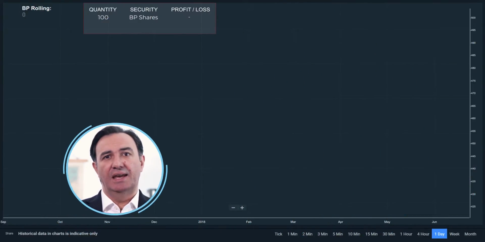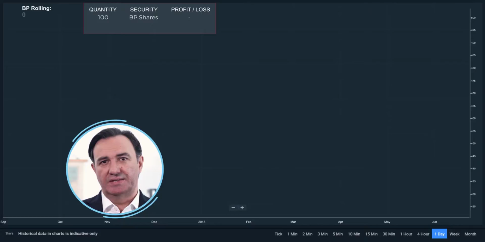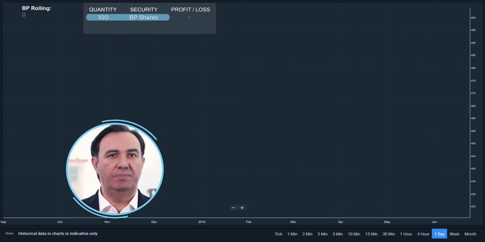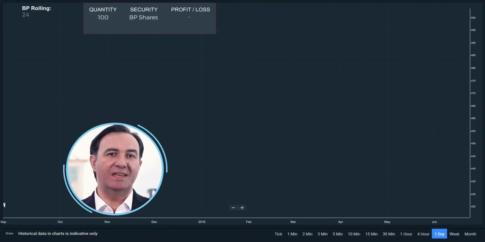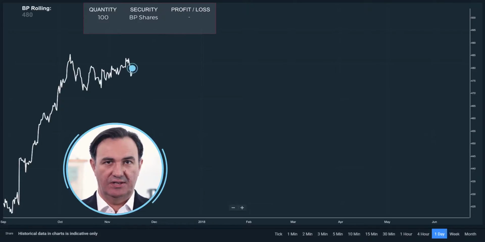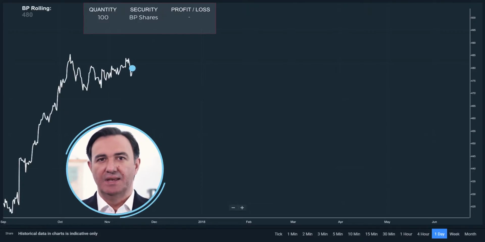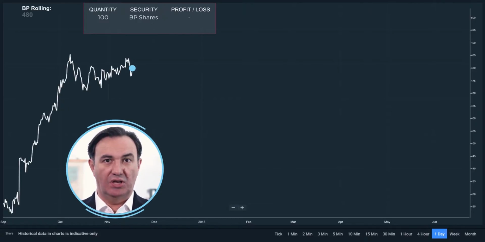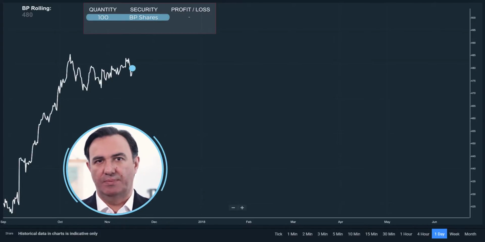Sure. Let's show this on a chart to make things easier. So, if you use our BP example again, let's say a UK-based investor owns 100 BP shares, and let's use the actual price in the chart, £4.80. They are nervous about a short-term event that they think might impact the share price.